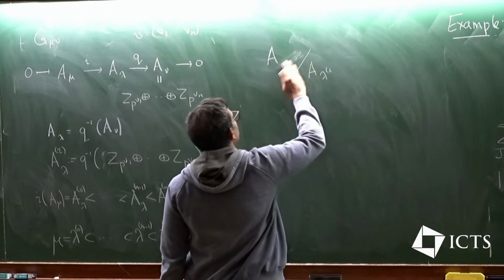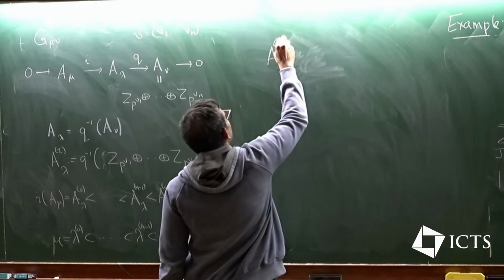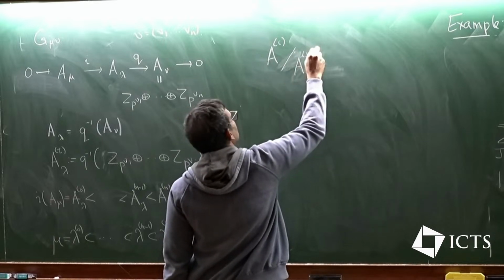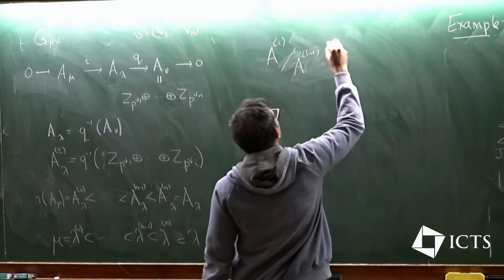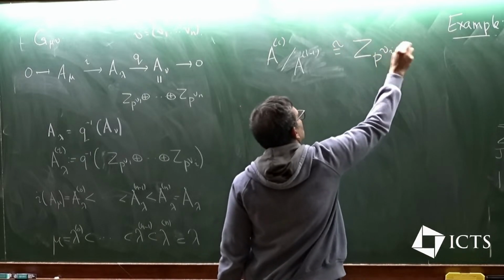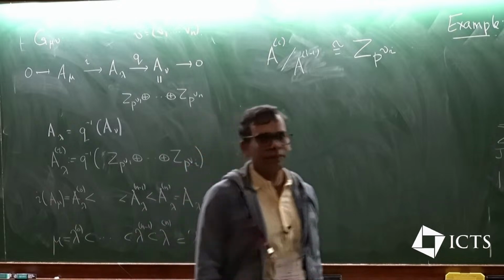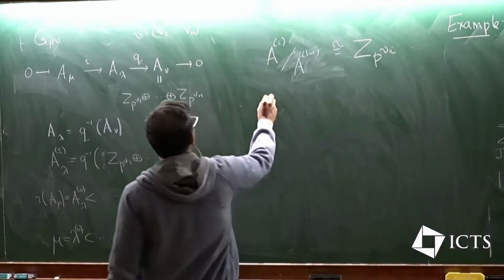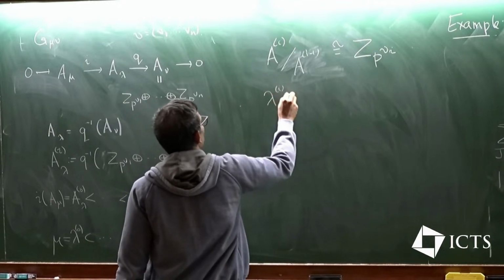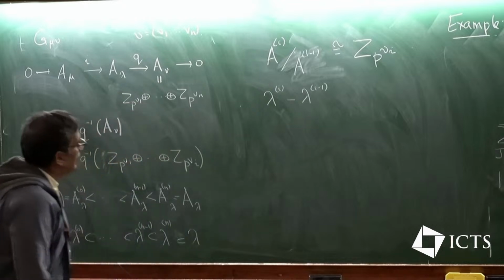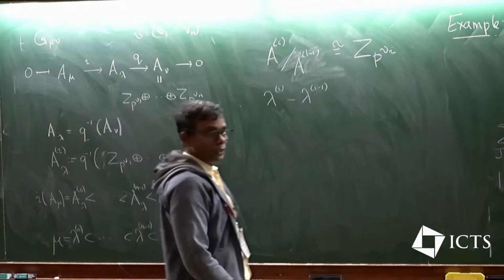So maybe I'll just write it like this: AI, which is of type lambda I, mod AI minus 1 is just a cyclic group P to the nu I, right? So what that means is that lambda I minus lambda I minus 1 is a horizontal strip.